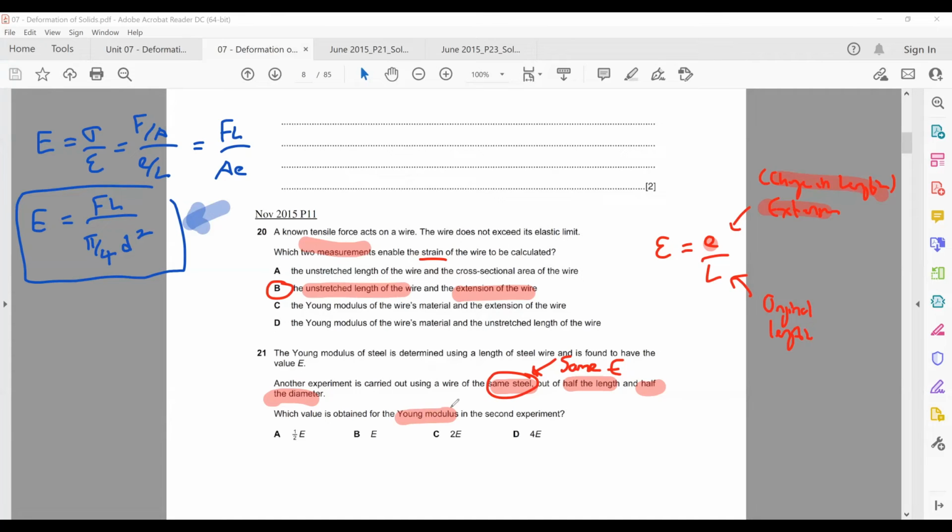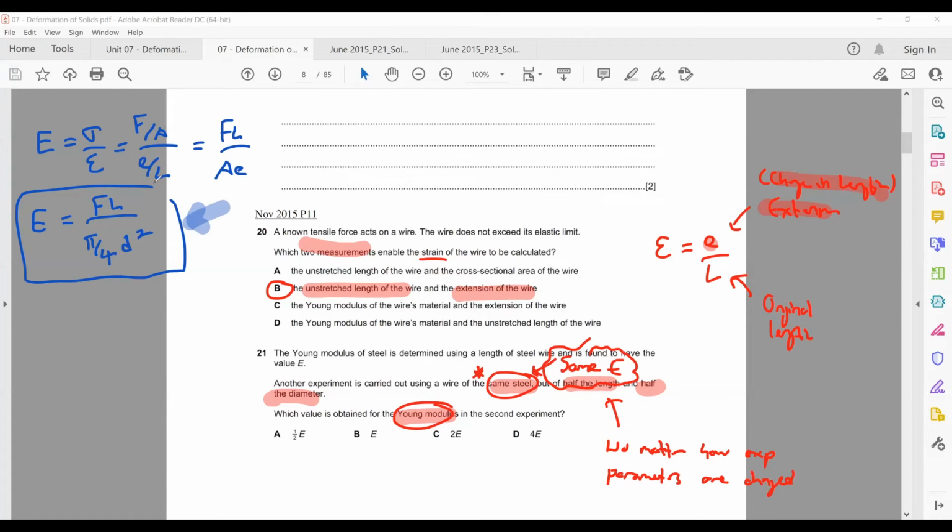They want the Young's modulus, right? What is the value obtained for the Young's modulus in the second experiment? As long as you identify it's the same steel, it's already going to be the same E, no matter how the experiment parameters are changed.